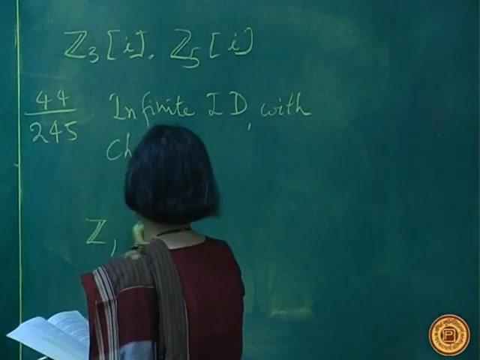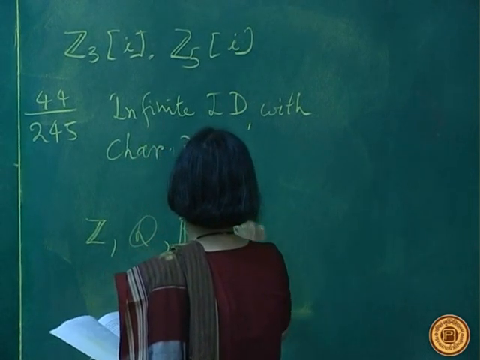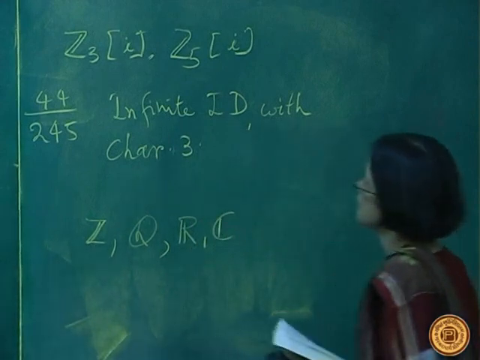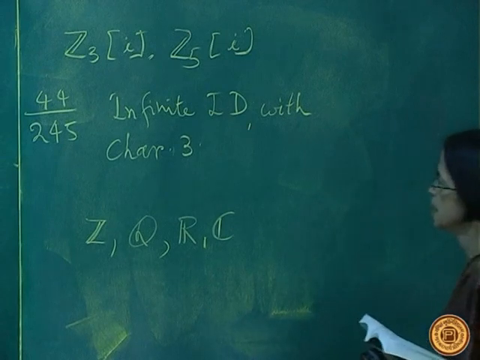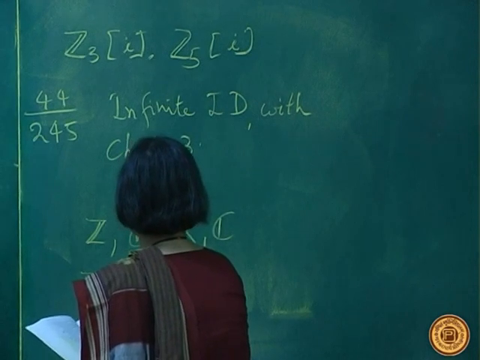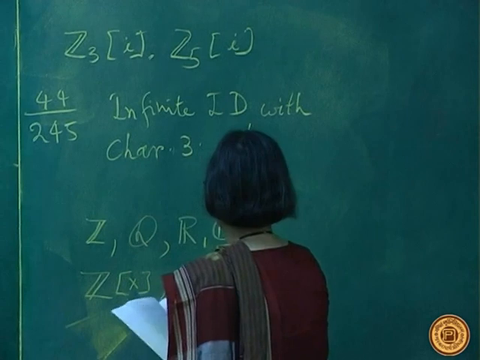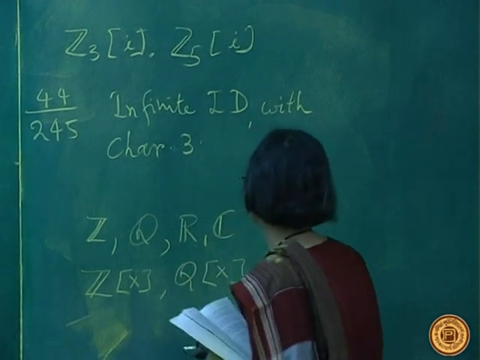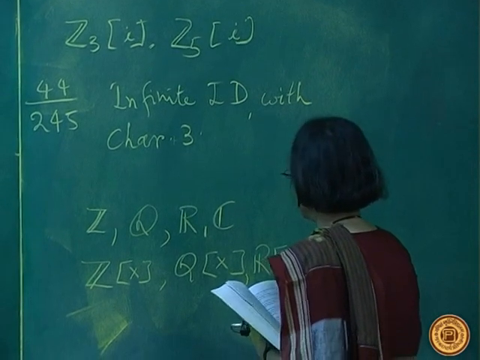Z, yes, Q, R, C, is that all? Some more. Think. What about the polynomials? Z[x], Q[x], are they not integral domains too? They are. They are also integral domains.